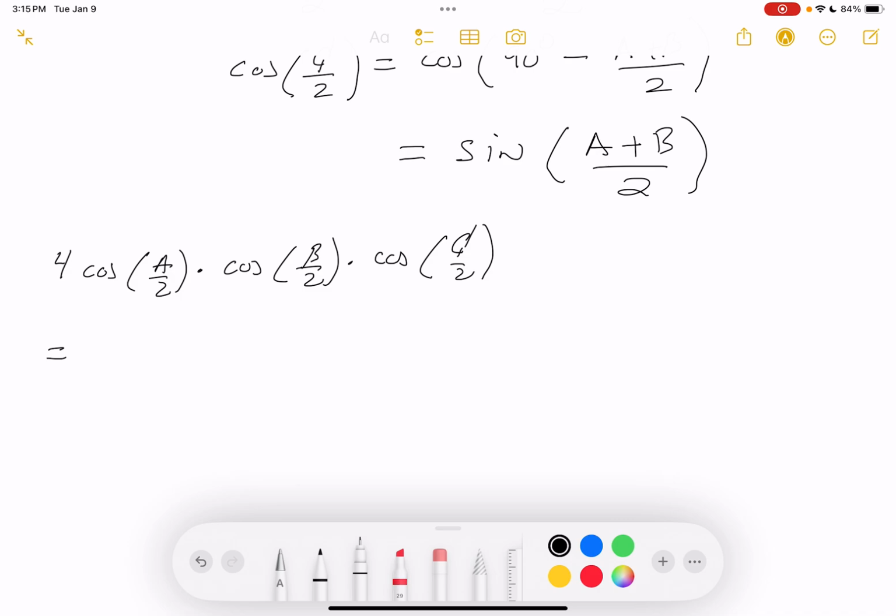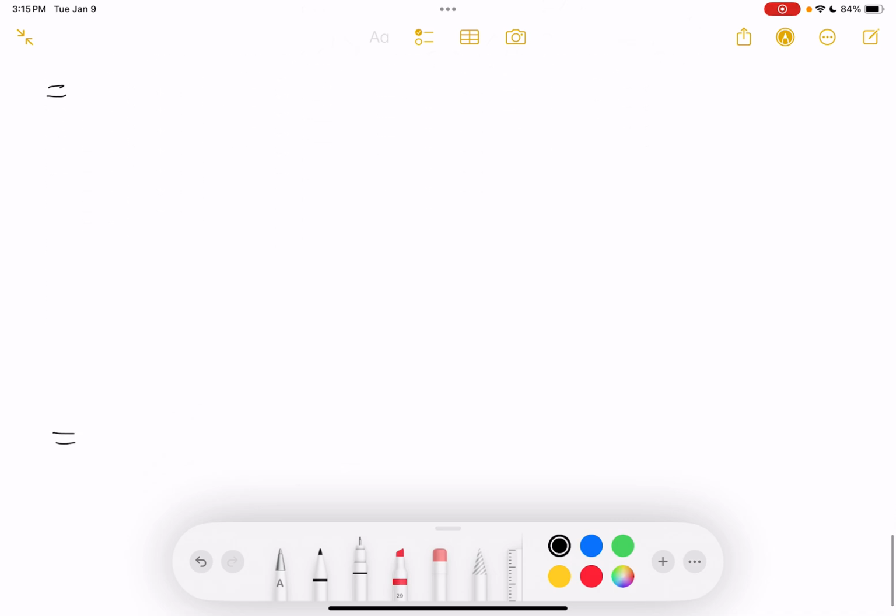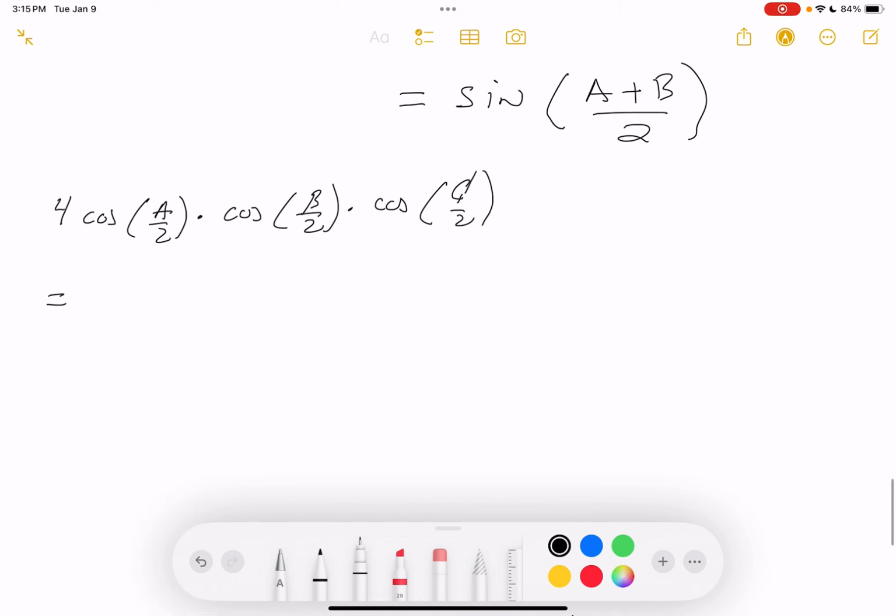I'm hoping this thing will eventually lead to what? Let me make sure I'm leading it to the right thing that they said. They said sine A, sine B, and sine C. All right, let me show they said that. Sine A, sine B, sine C, yeah. And let me see what's on top over here. Again, I'm trying to prove an identity over here.